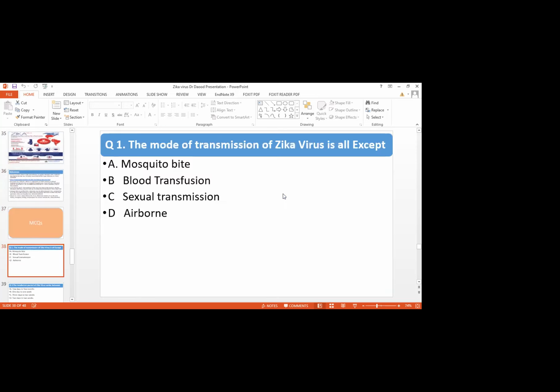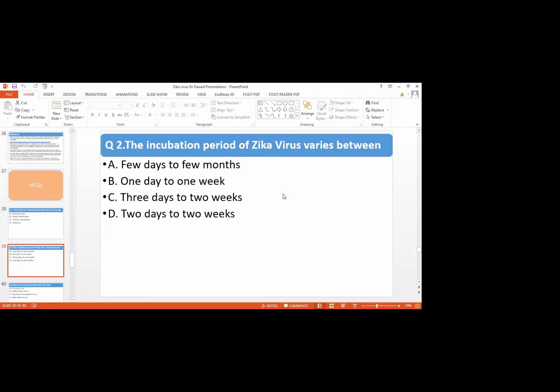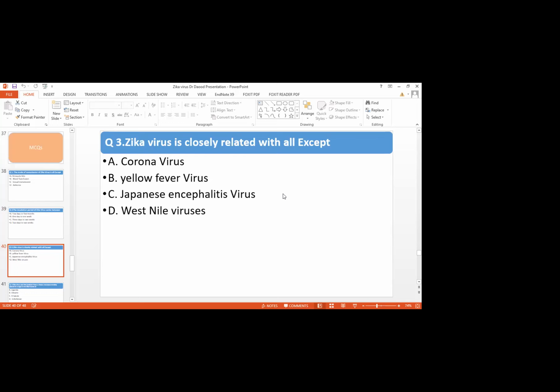The mode of transmission of Zika virus is all except airborne. Good. The incubation period of Zika virus varies between 3 days to 2 weeks, 3 to 14 days as I mentioned in my slide.